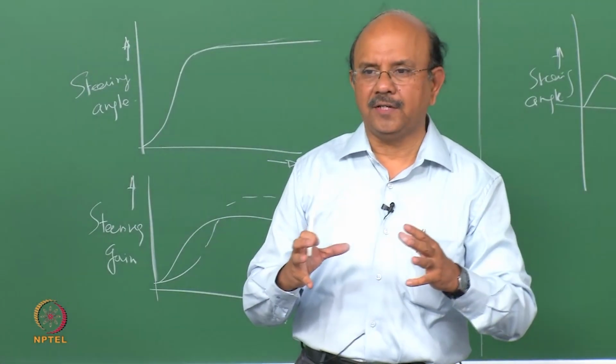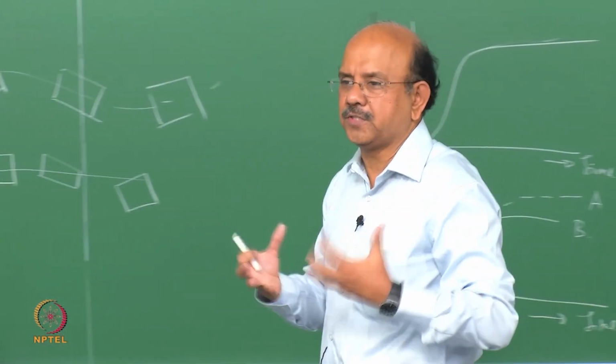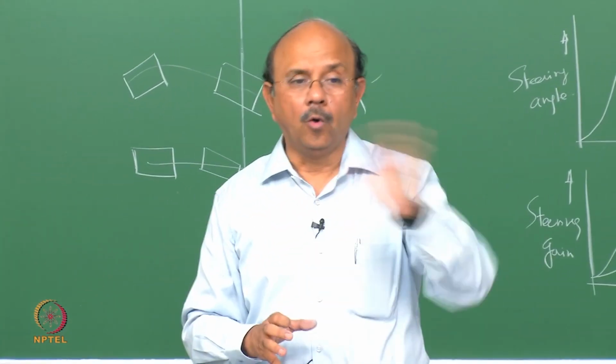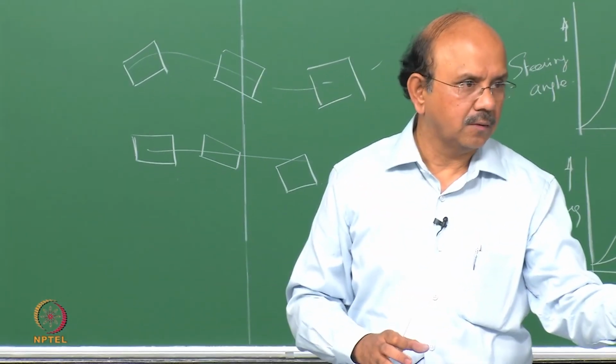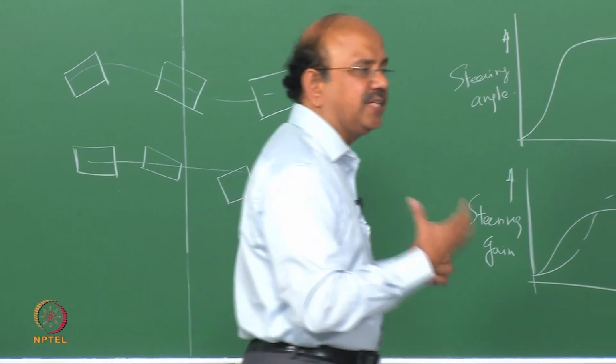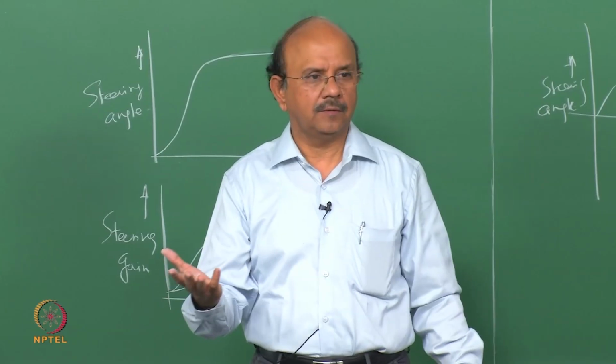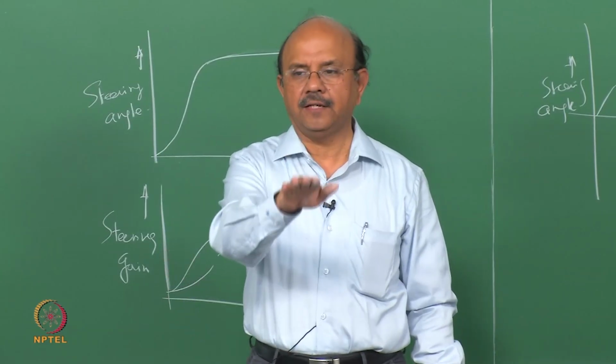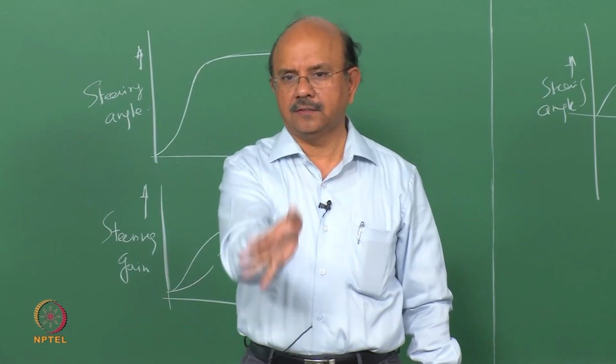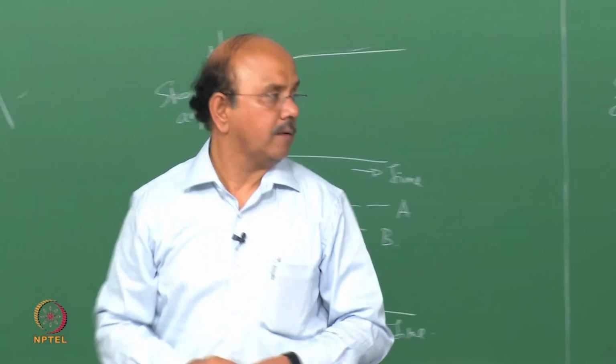So roll stability is what the driver perceives as the roll, and in rollover the vehicle just rolls over. Then we are talking about braking stability. That means you go straight and brake the vehicle, and how much of the attitude of the vehicle do I lose. Is it braking straight and stopping there, or does it move, and so on.